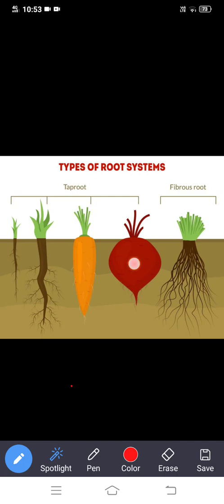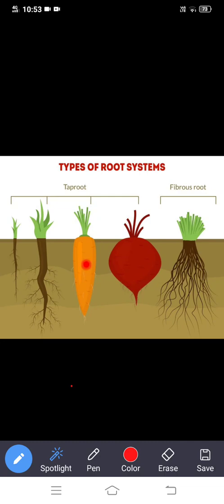So here also these are the main roots. Only modification is that this main root is used for eating. It is edible. We use it for eating. It stores food unlike the other types of roots. So here this main root is storing lots of food and it is more useful for us and also some animals.